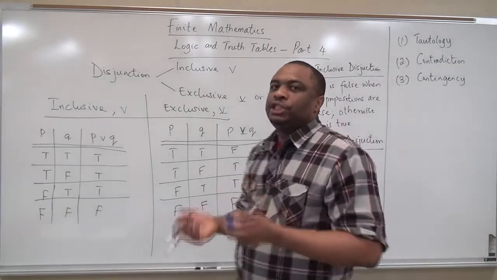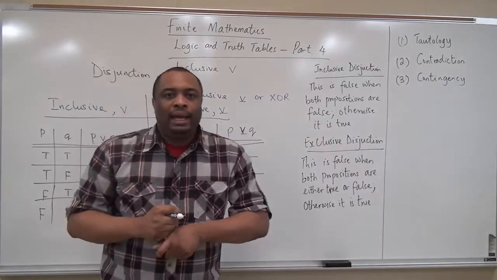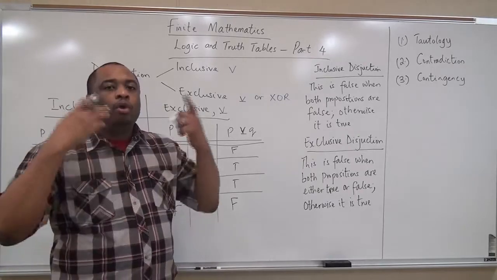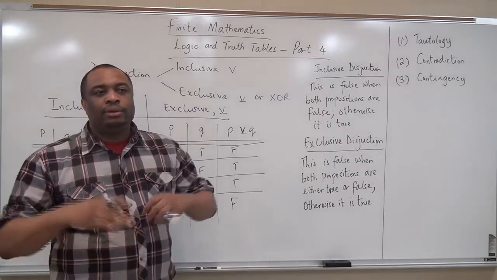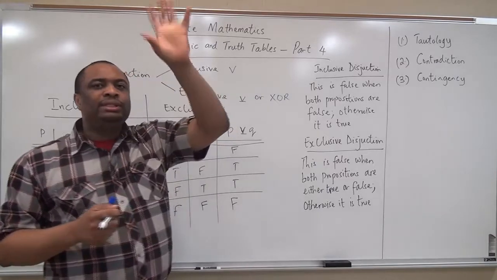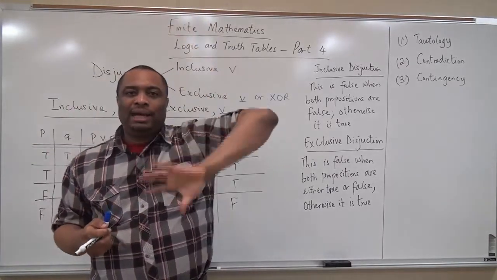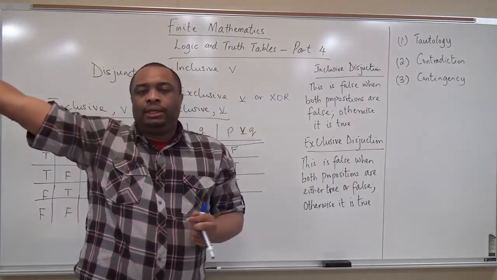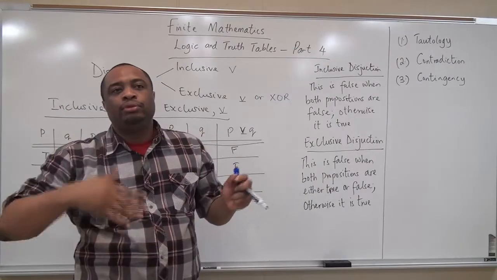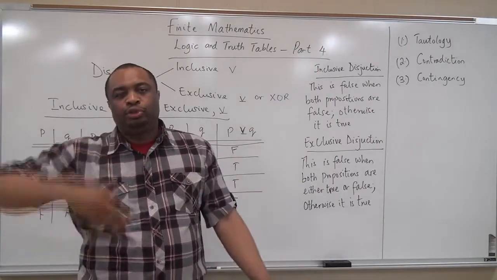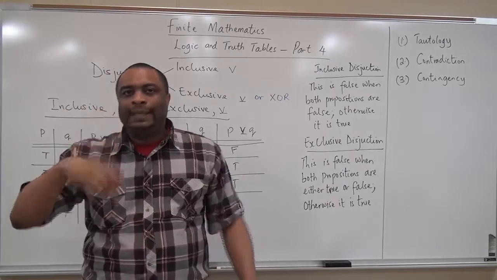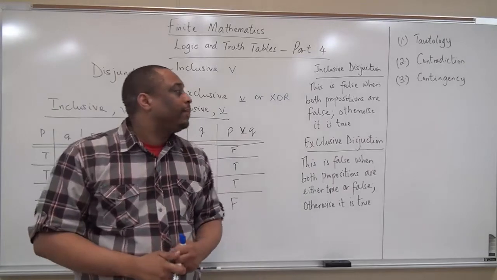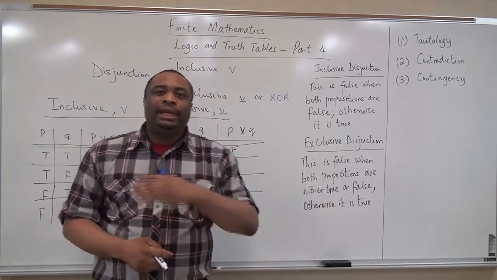When we talk of tautology, it is a statement or a proposition that is always true. That means in the truth table, in the final column, you have only truth values of true. That's all you got in the final answer column. But for contradiction, it is never true.